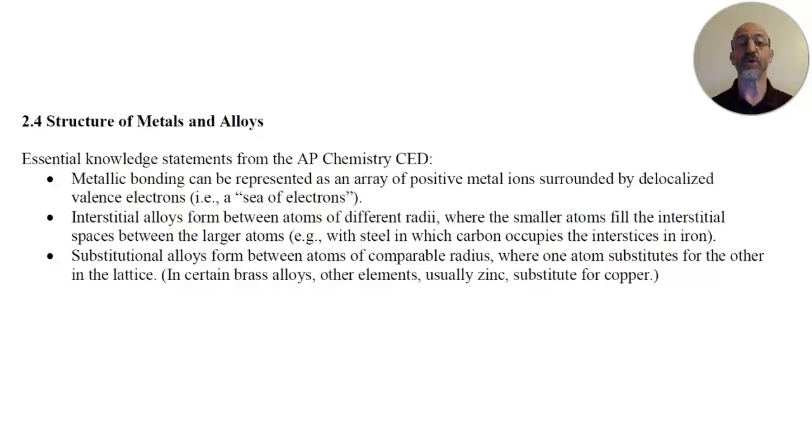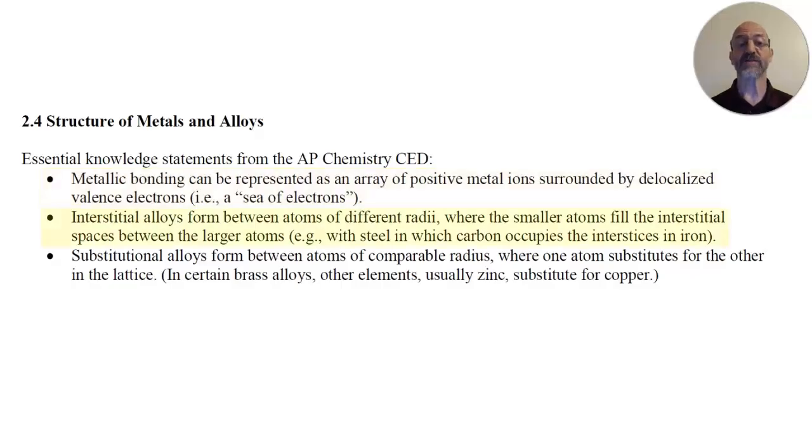Now let's move on to the review for topic 2.4, structure of metals and alloys. Here are some essential knowledge statements from the AP Chemistry course and exam description. Metallic bonding can be represented as an array of positive metal ions surrounded by delocalized valence electrons, that is, a sea of electrons.